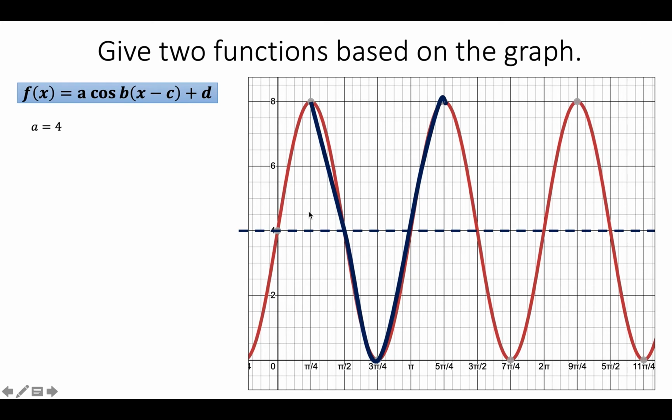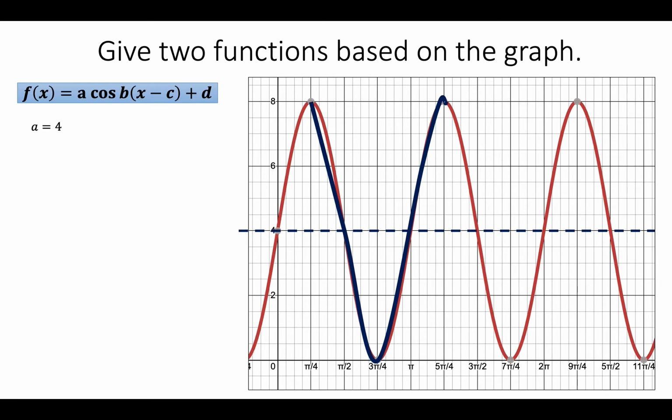So same value of A. It's from the center to the peak of the graph, and that's 4 units, or from the center to the bottom of the graph, the minimum point. That's 4 units, right? So the amplitude is equal to 4.